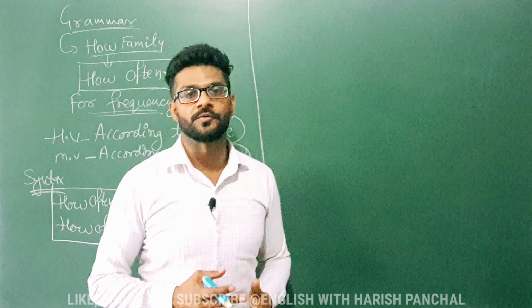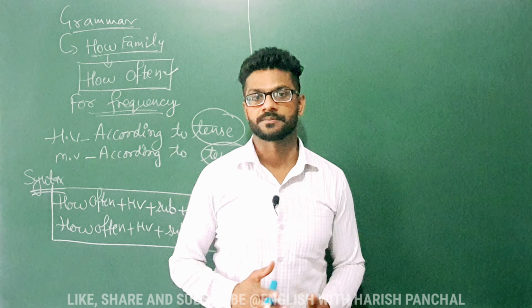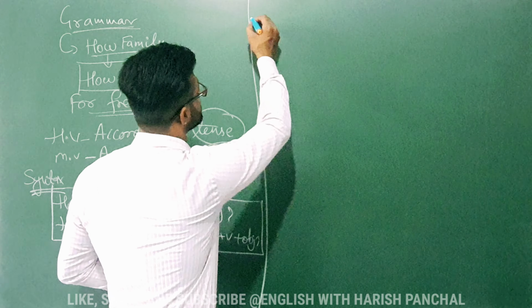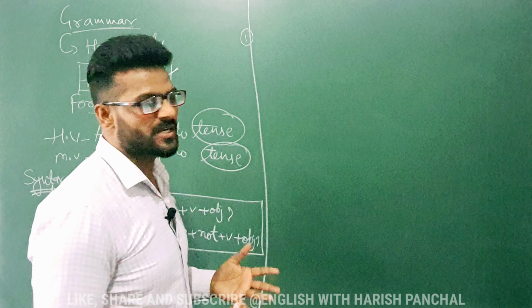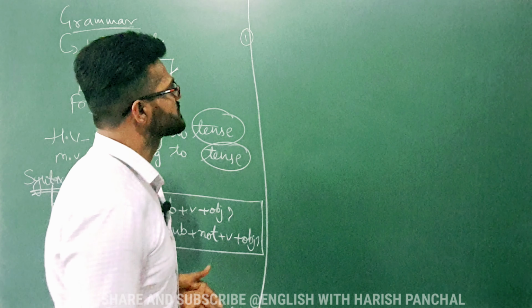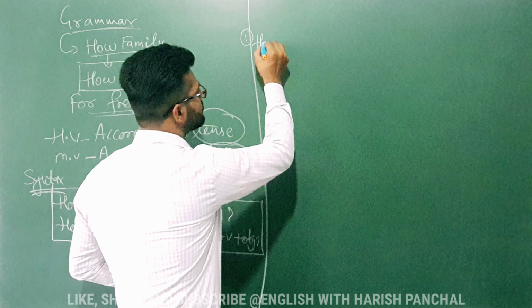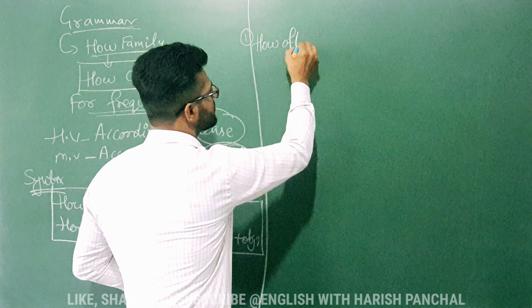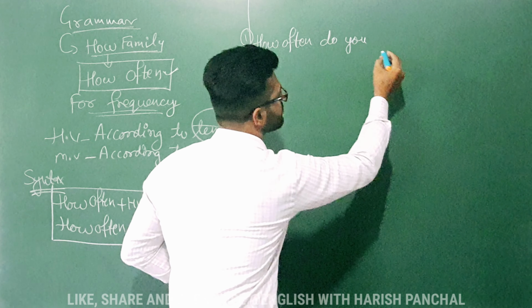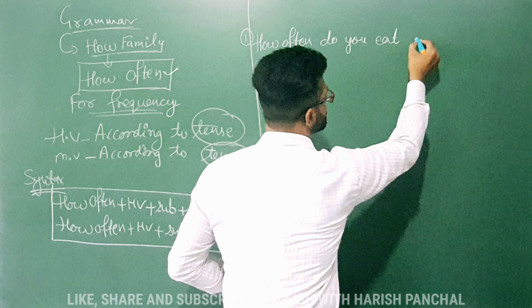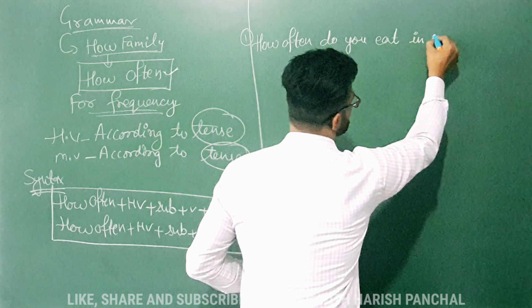Here we are going to make a few examples so that you can understand easily. Let's make a few sentences in present time. For example, how often do you eat in a day?